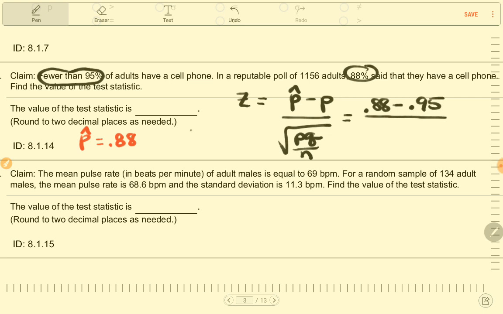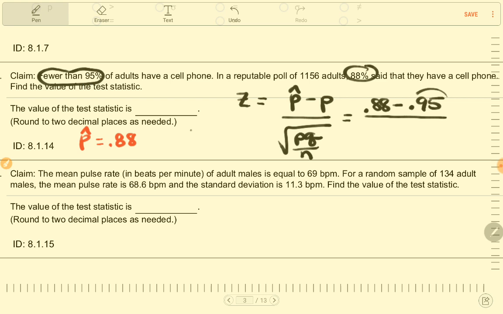So remember, whenever we're calculating a test statistic, we're doing it under the assumption that the null hypothesis is true. Since the claim is that fewer than 95% of adults have a cell phone, the null hypothesis is that the percentage is actually equal to 0.95. So if we assume the null hypothesis is true, then we assume that p equals 0.95.